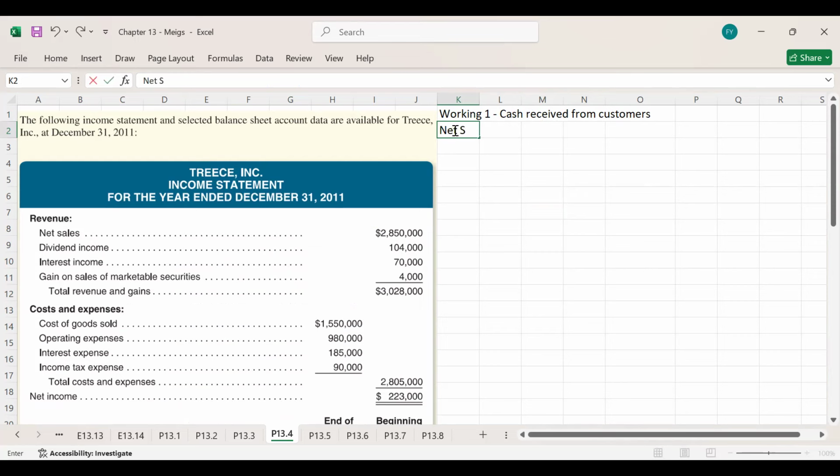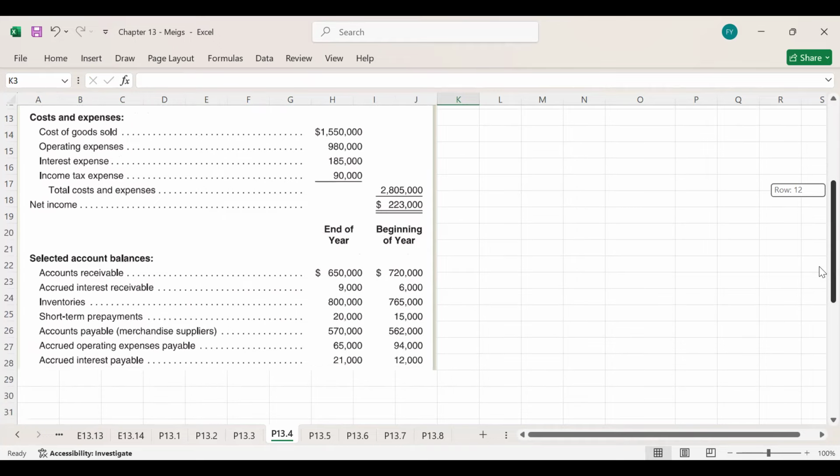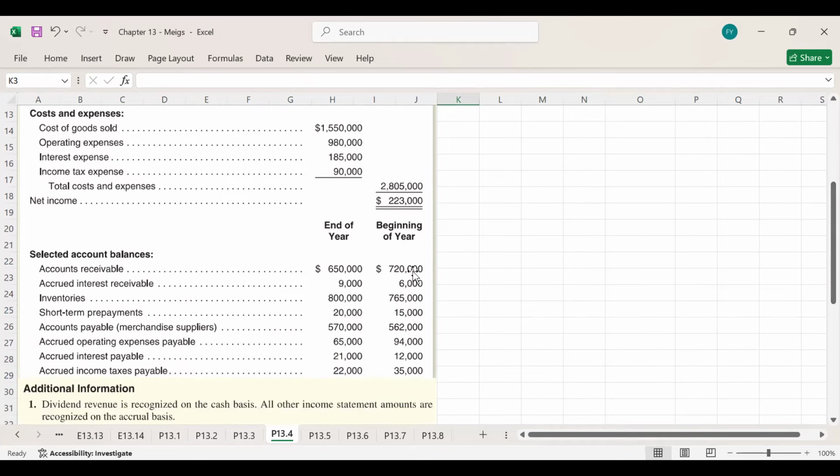So net sales, which is 250,000. Now we adjust any increase or decrease in accounts receivable. You can see that accounts receivable previously was $720,000, and at the end of the year it is 650.